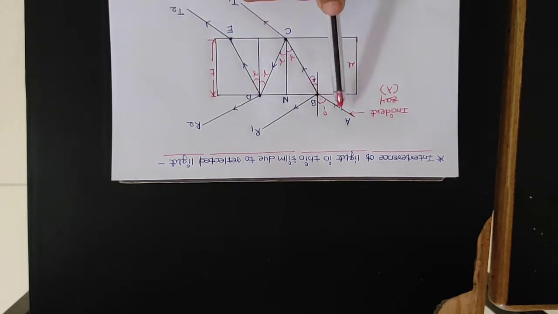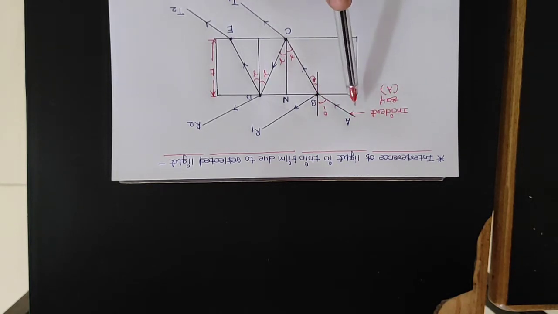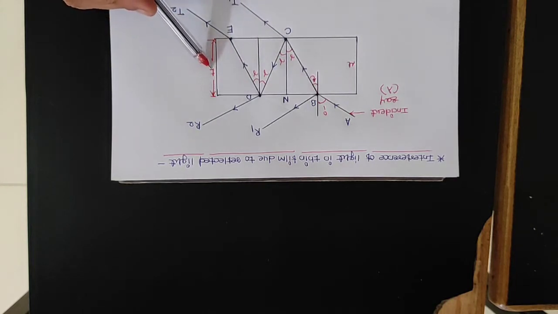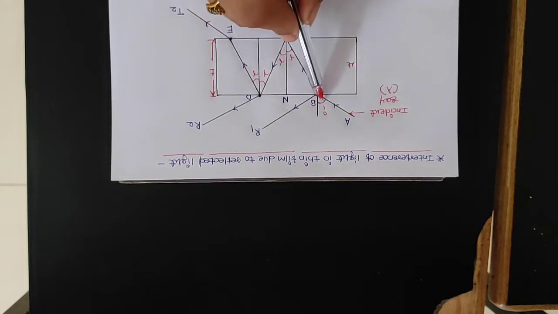Here AB is the ray of light, which is called the incident ray, having wavelength lambda. That incident ray is incident on the upper surface of the film, having thickness T and refractive index mu. I is the angle of incidence.